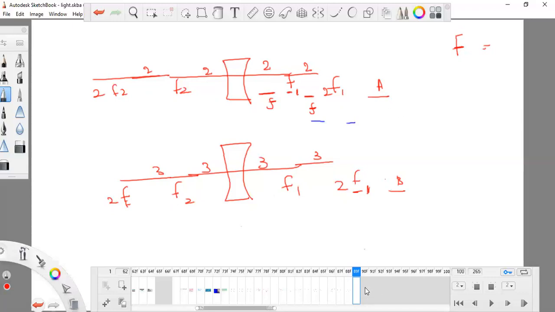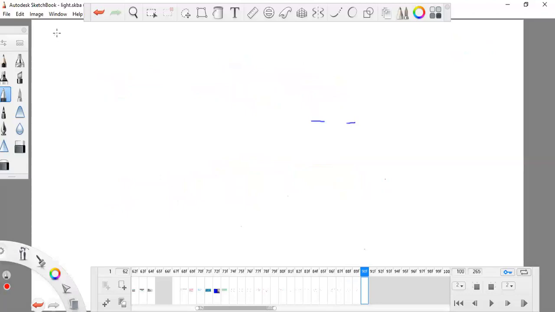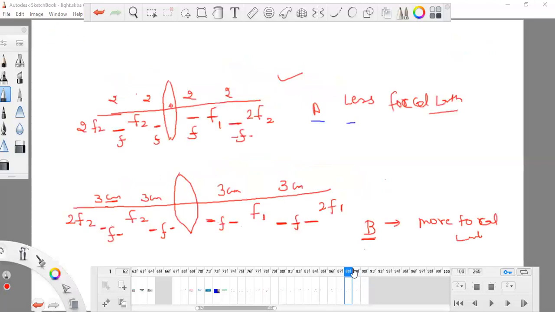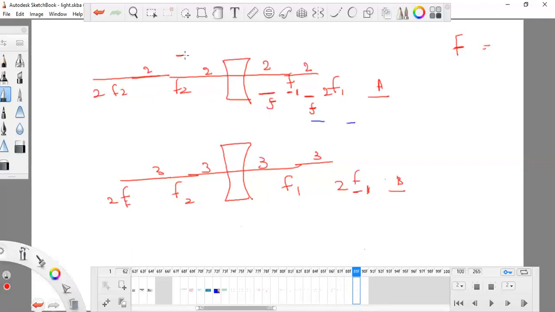Now the focal length of the lens. One more thing I want to tell you: focal length should be positive on both sides because it is a fatty person, no? But if I consider a less fatty person, the focal length should be considered as minus.